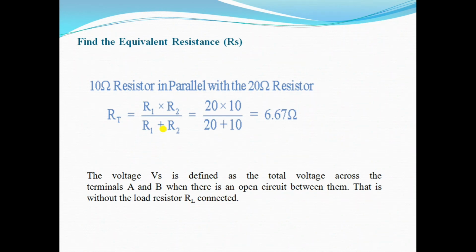Suppose the resistances are in series, then I will simply take the formula as R1 plus R2. Here I have taken the formula R1 into R2 divided by R1 plus R2 because the 10 ohm is parallel with the 20 ohm resistance.